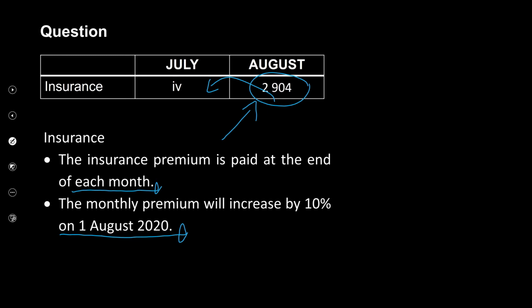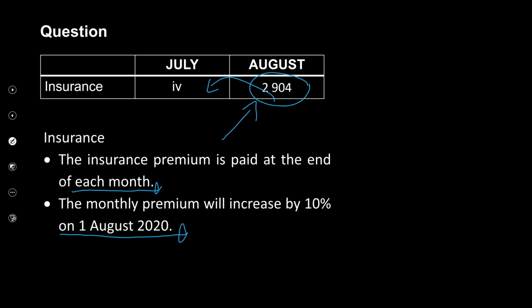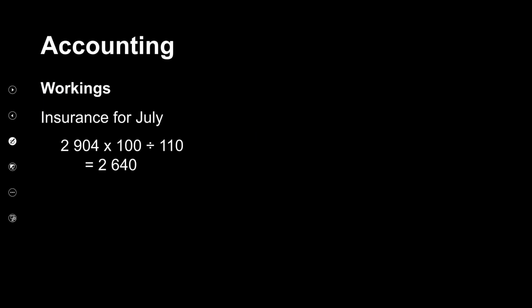You are expected to calculate the premium prior to the increase. Okay, this is what we do. Watch what we do. You take the figure of 2,904, which was the new insurance figure, and you say, fine, take that figure, multiply it by 100, divide by 110.